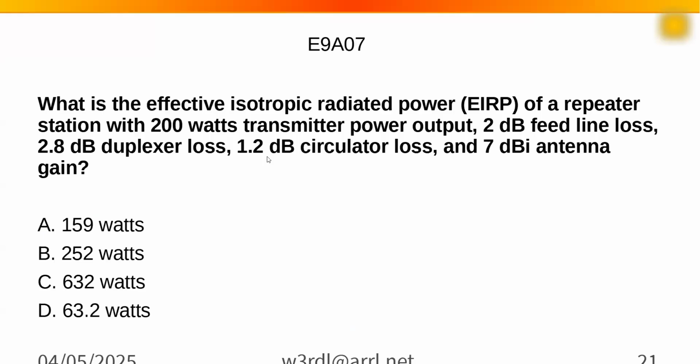We've got 200 watts, 2 dB of feed line loss, 2.8 duplexer, 1.2 circulator loss, and 7 dBi antenna gain. Oh, same thing.